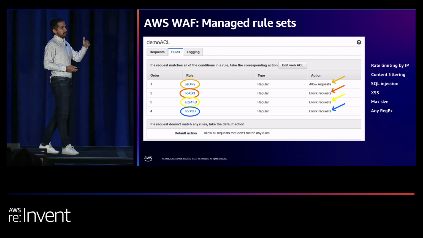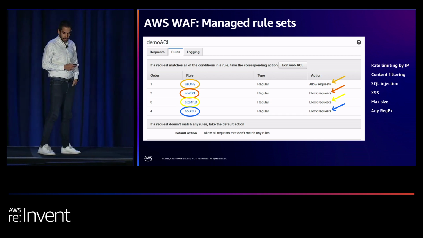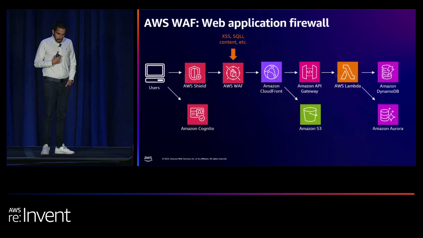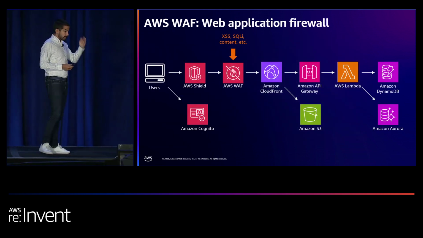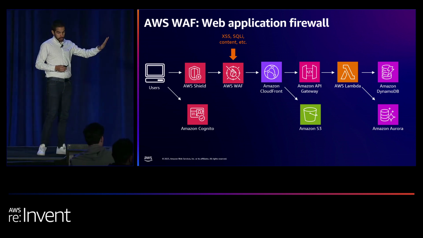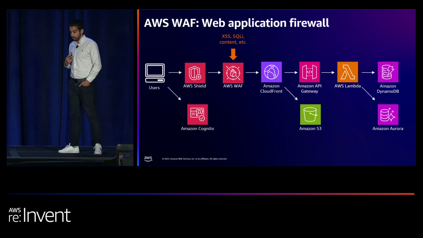But with WAF, you can also write your own custom rules and add them to the firewall. Okay, so we are stopping these attacks closer to the users before ever getting into our application through the use of WAF.